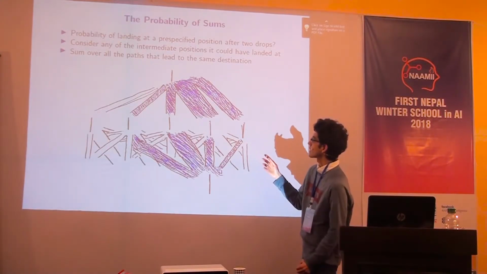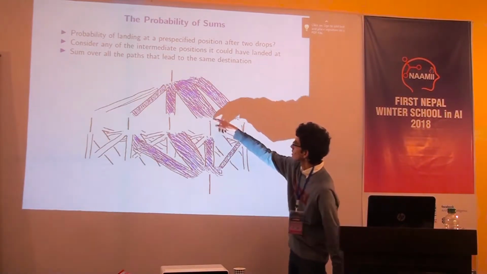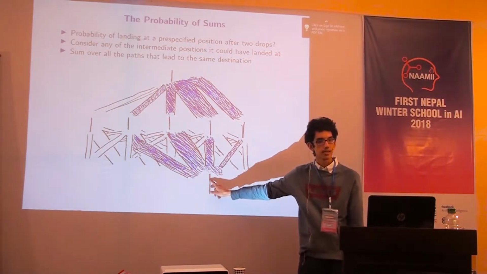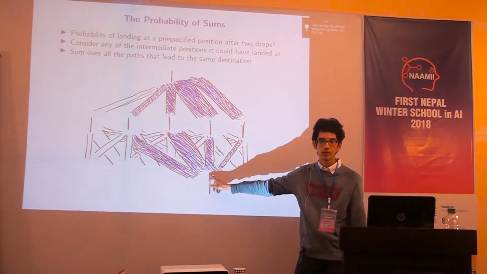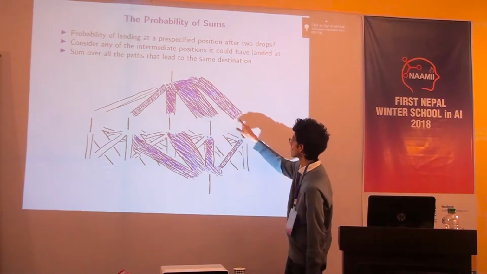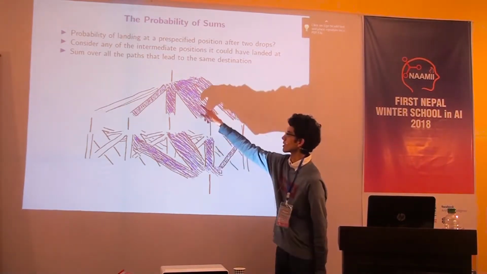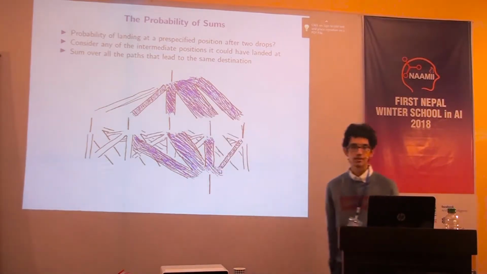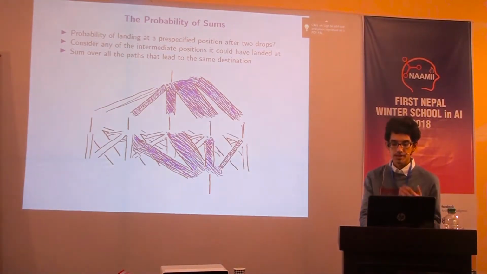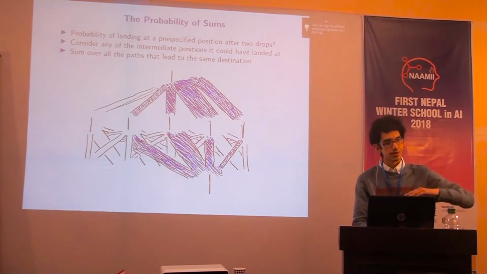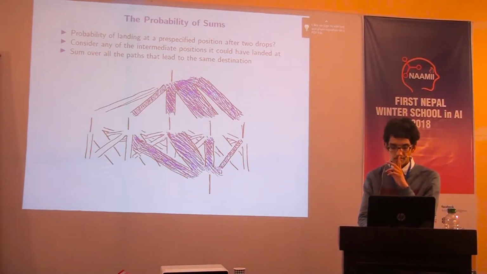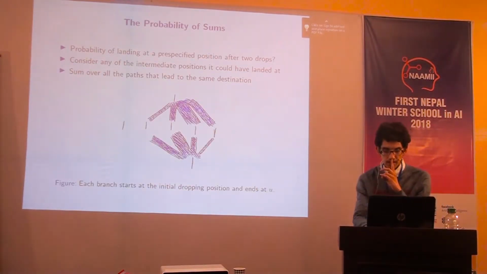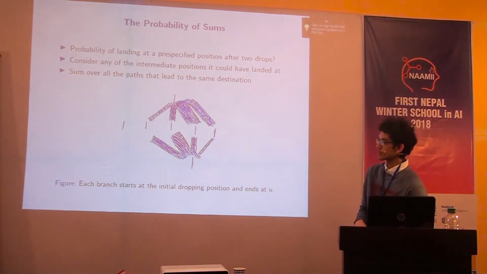Here, I'm highlighting only those branches that end up one to the right at the end. So how could I have gone to one to the right? I could have gone 2 to the left, then -1. I could have gone 1 to the right and then stayed the same. You get the picture, right? So these are all the ways that I can go 1 to the right after these 2 steps. Now I just erase all the other branches.